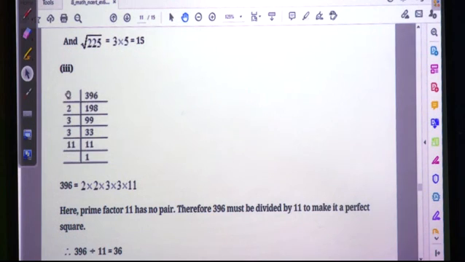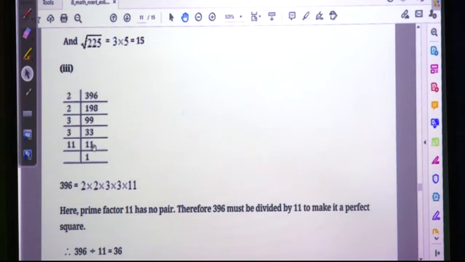396. 2 1s are 2, 1 remaining, next value is becoming 19. 2 9s are 18, 1 remaining, next value is becoming 16. 2 8s are 16. 2 9s are 18, 1 remaining, 2 9s are 18. 3 3s are 9, 3 3s are 9.